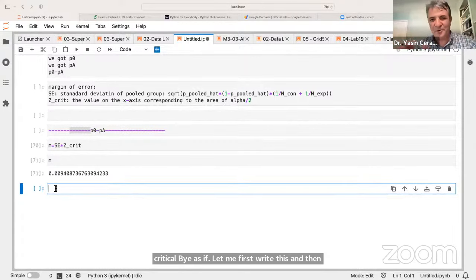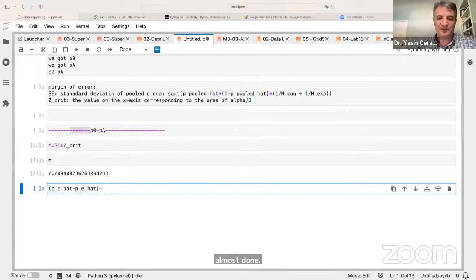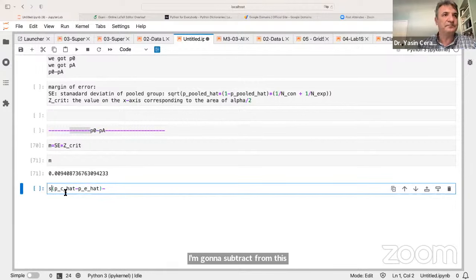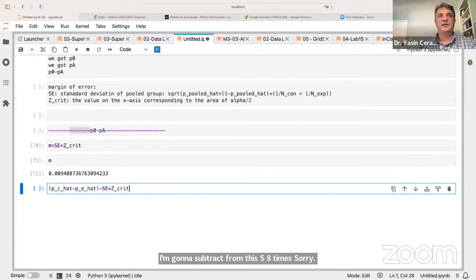We are almost done. I know we are all tired. So I'm going to subtract from this SE times Z critical, and then I'm also going to add it to this value.